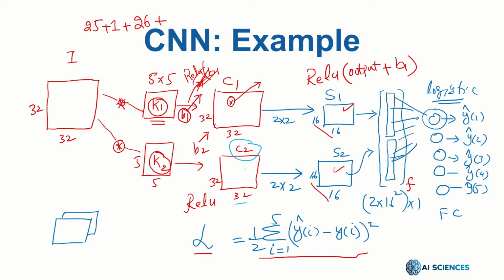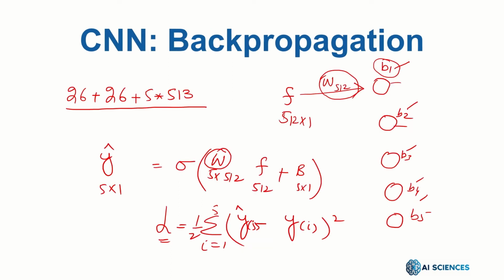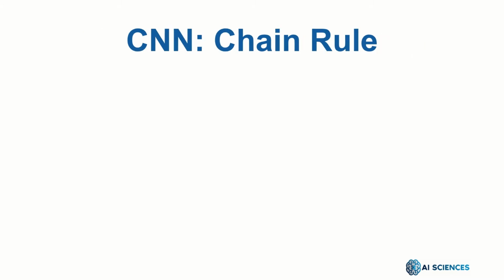So let's take an example. Before that, we already found the total number of parameters in the previous slide, so let me move on to the chain rule. For example, this is our loss, and that is a unit producing, let's say, y hat 1.